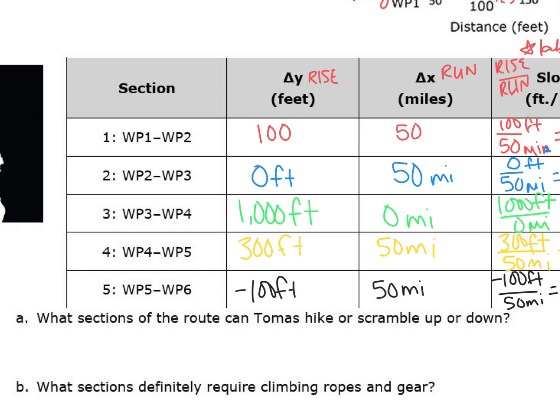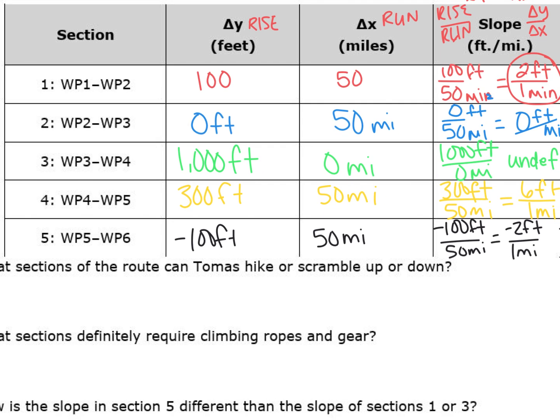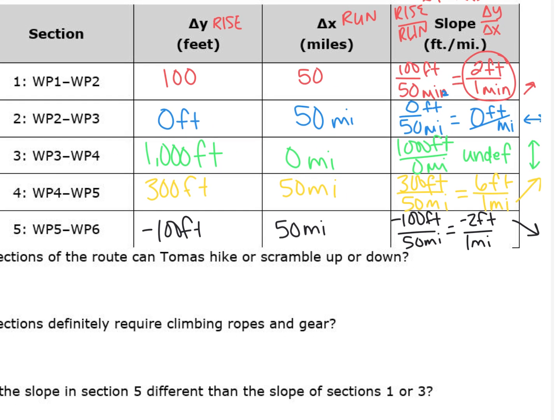It says, what sections of the route can Thomas hike up or down? So where did we go up or down? What colors? When did we go up? We went up on the red. So we can call that section 1. Did we go up on any other sections?